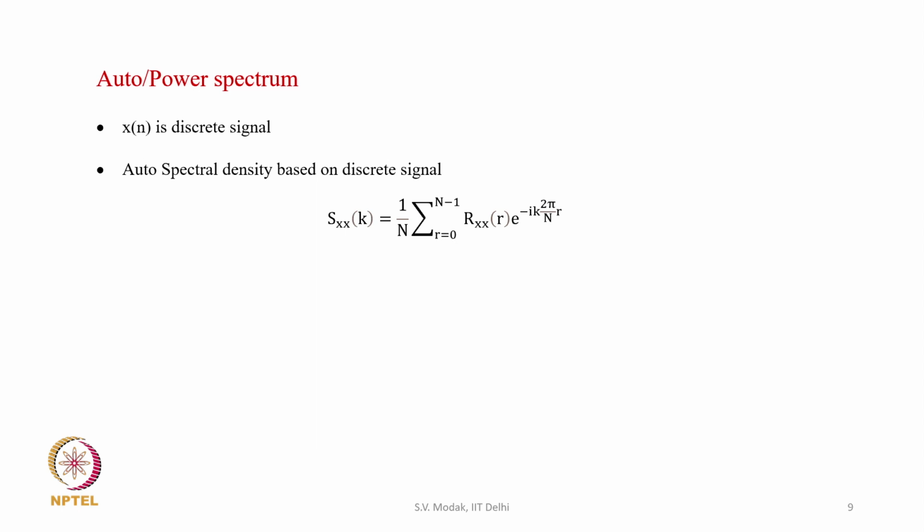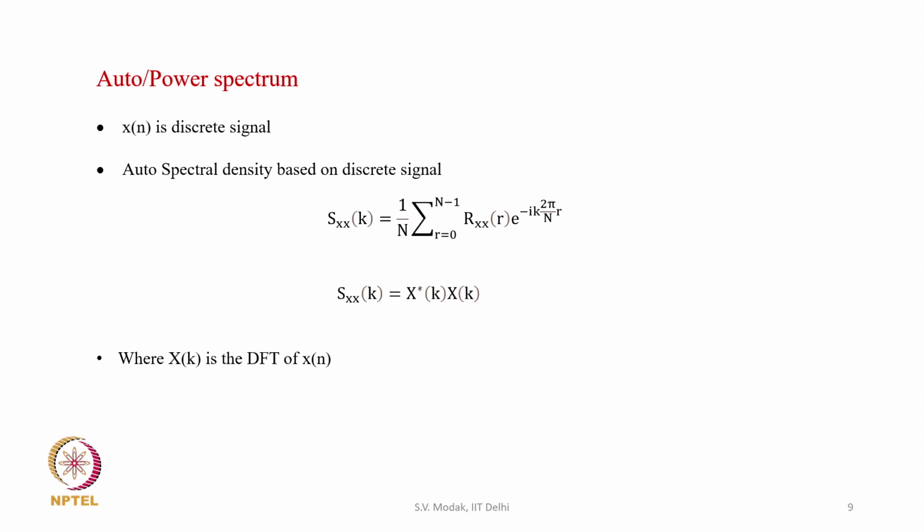So this spectrum is no longer continuous. It can be shown that this Sxxk, the discrete spectrum or auto spectrum, is the product of X star k and Xk. So, what is Xk? Xk is basically the DFT of xn, correct.